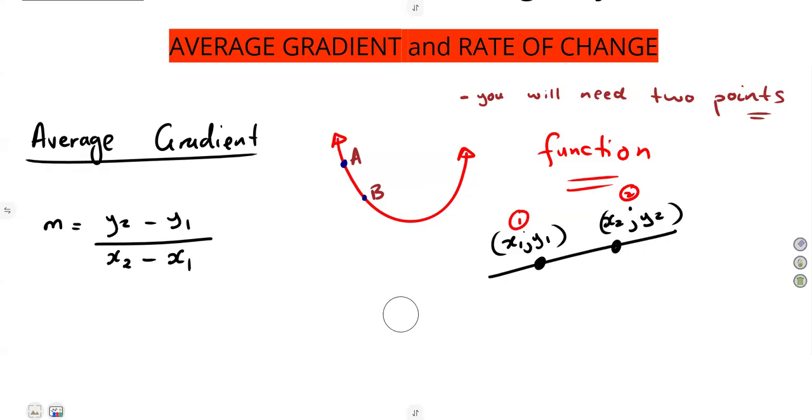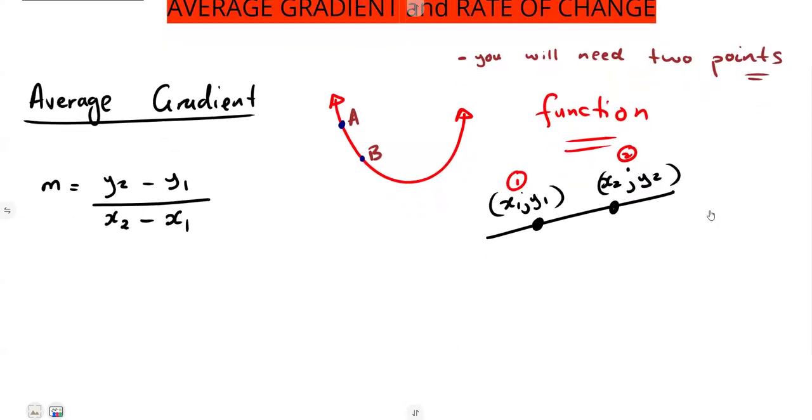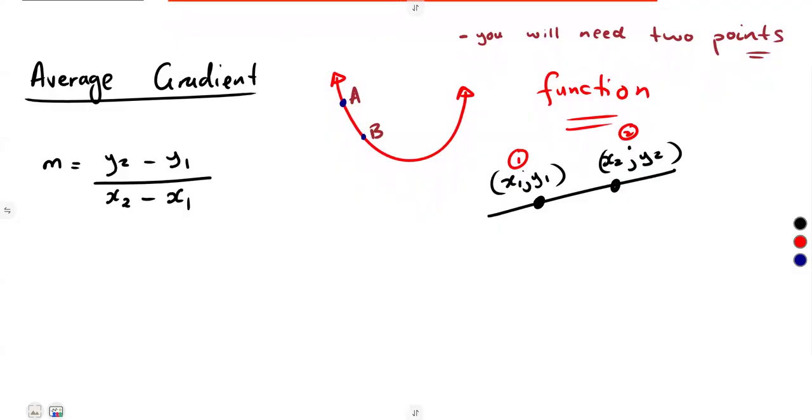So let me give you an example where we are going to calculate our average gradient.